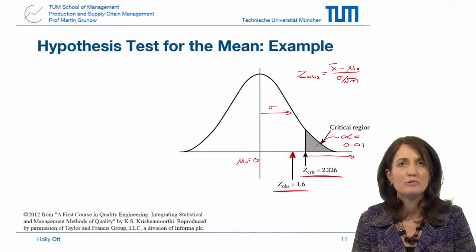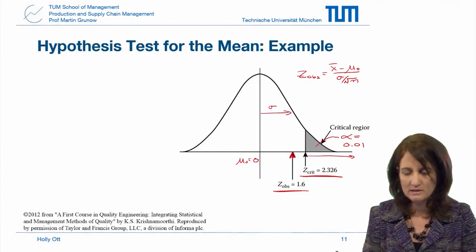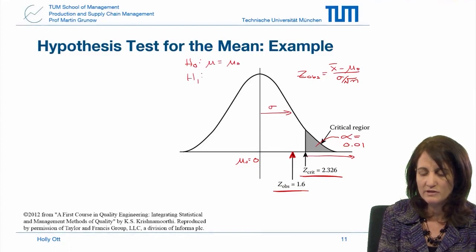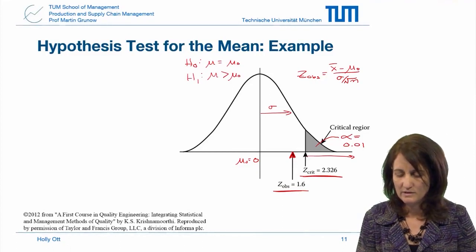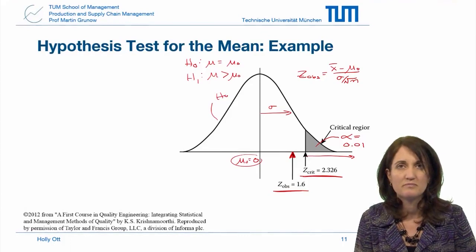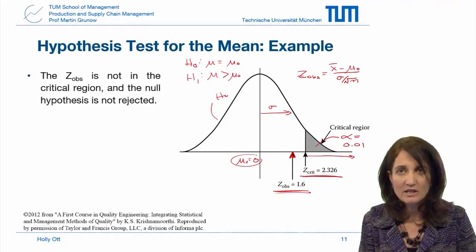So now what do we do? Do you reject the null hypothesis, H0: mu equals mu 0, or do you accept the alternative hypothesis, H1? So again, this is here the null hypothesis. We observe that Z obs is not in the critical region.